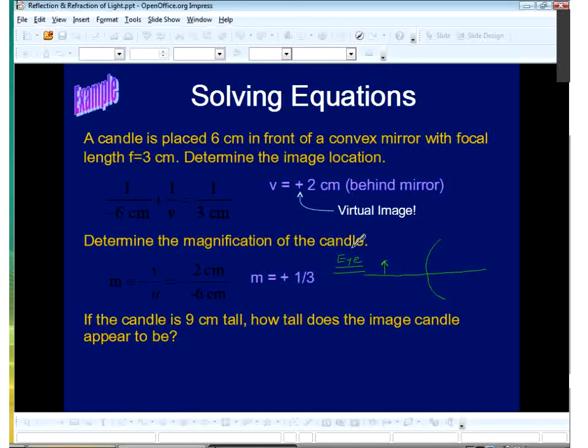If the candle is 9 centimeter tall, how tall does the image of the candle appear to be?